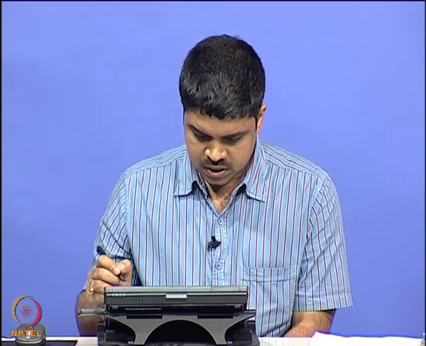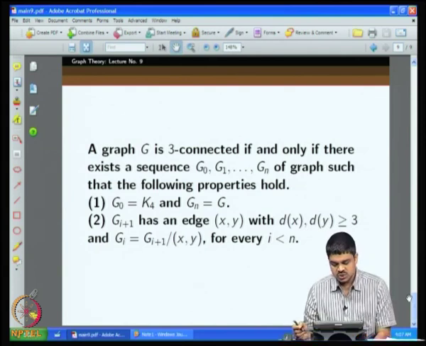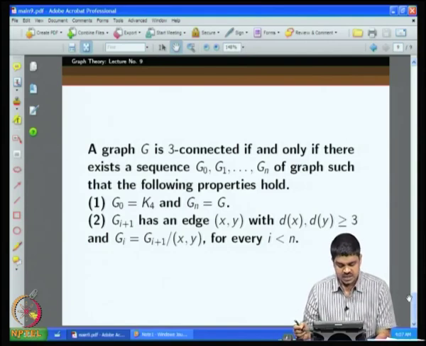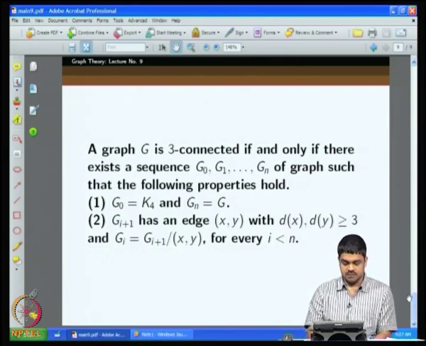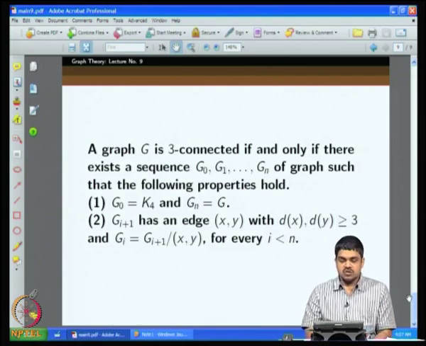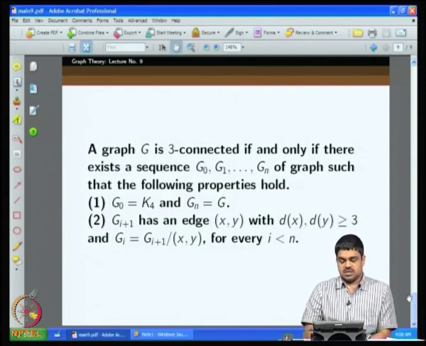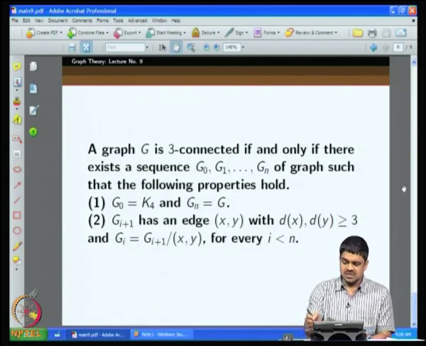It says a graph is 3 connected if and only if there exists a sequence G0, G1, ..., Gn of graphs such that the following properties hold. G0 is equal to K4 and Gn equal to G, and Gi plus 1 has an edge xy with both the degrees of x and y greater than or equal to 3, and from Gi plus 1 we can get Gi by contracting the edge xy, right. So, such a sequence exists.